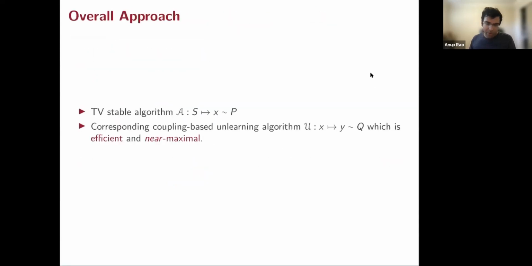Okay, so here is our overall approach. We design a learning algorithm which essentially takes S and outputs an X, which corresponds to sampling from a distribution P. So it's a randomized learning algorithm. And then we want to design a coupling-based unlearning algorithm.